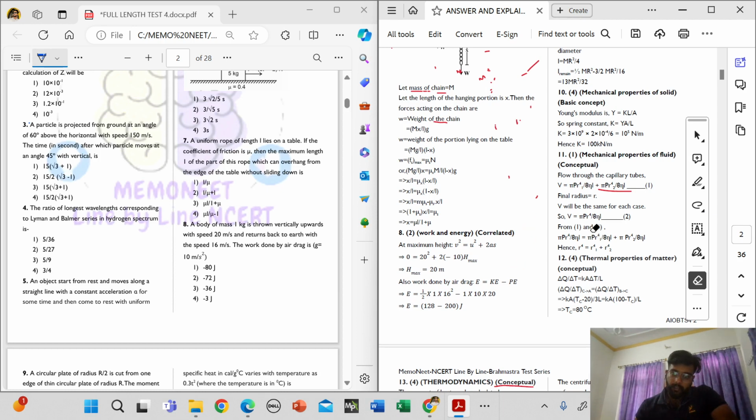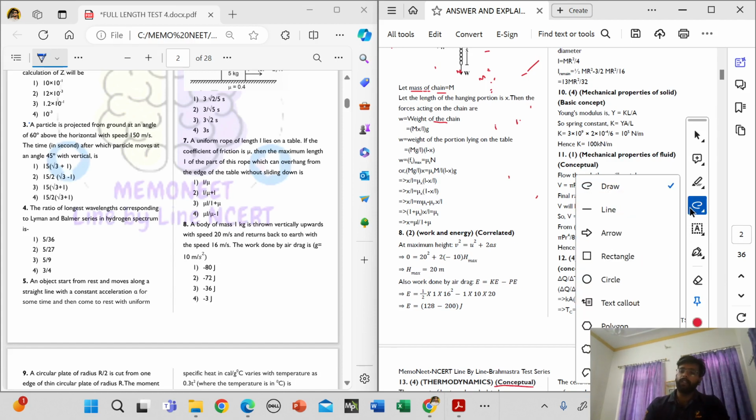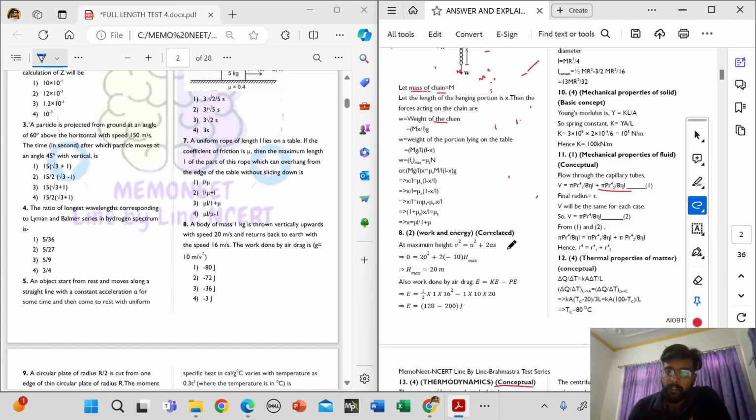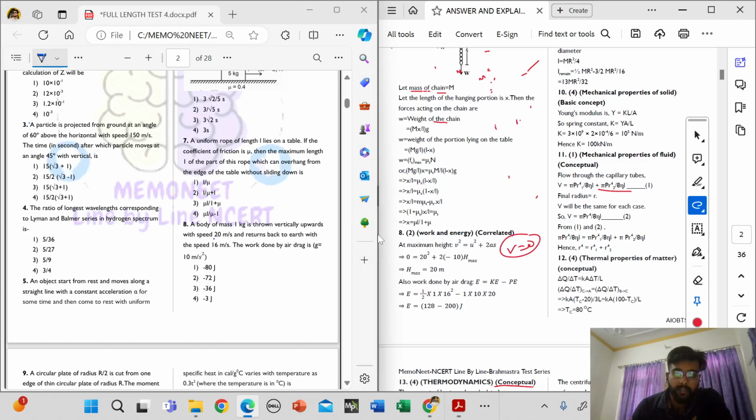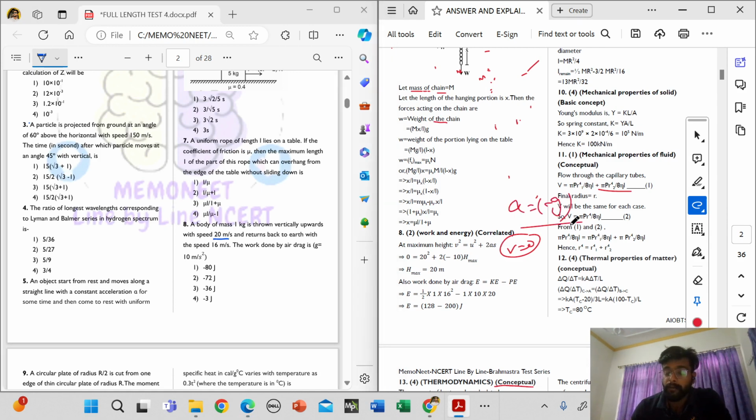So using the third equation of motion, v square equals u square plus 2as. Here the final velocity v will be 0, and u, the initial velocity, is 20 meters per second, and acceleration is in the opposite direction, so we take minus g, and we can attain the maximum height.